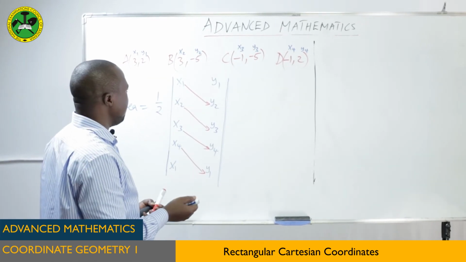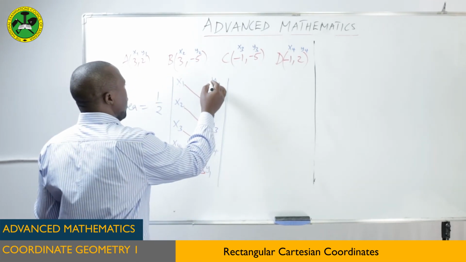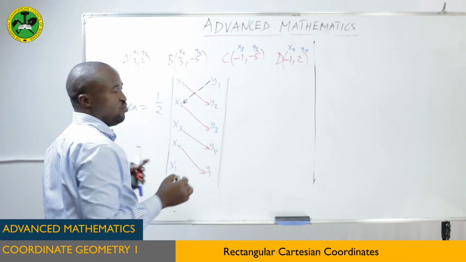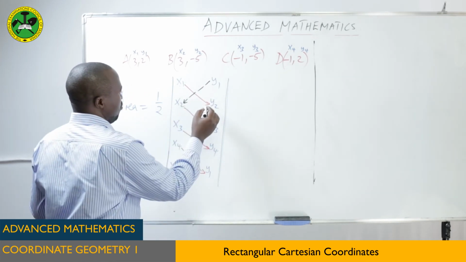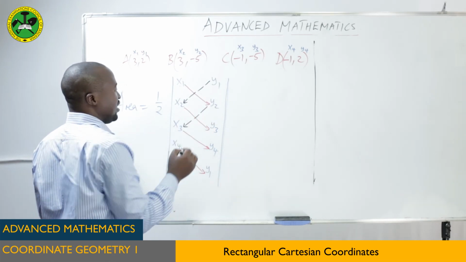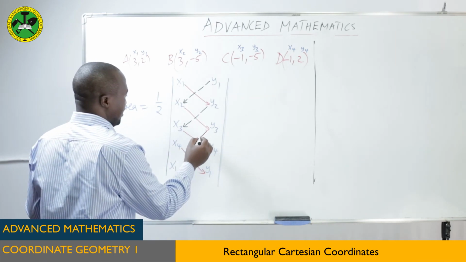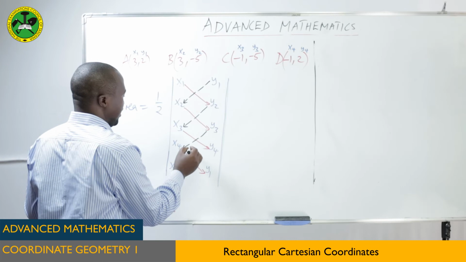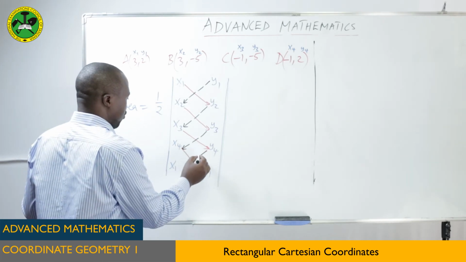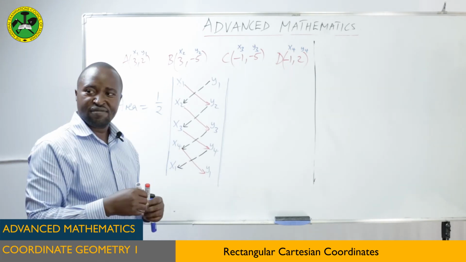Then using the dotted arrows, y1 will be with x2, then y2 with x3, y3 and x4, and the y4 will be with the x1.